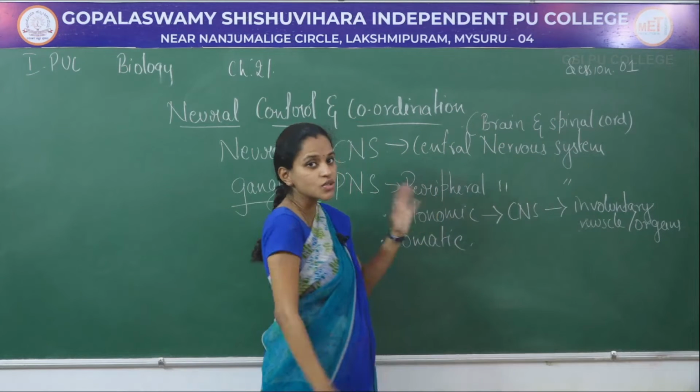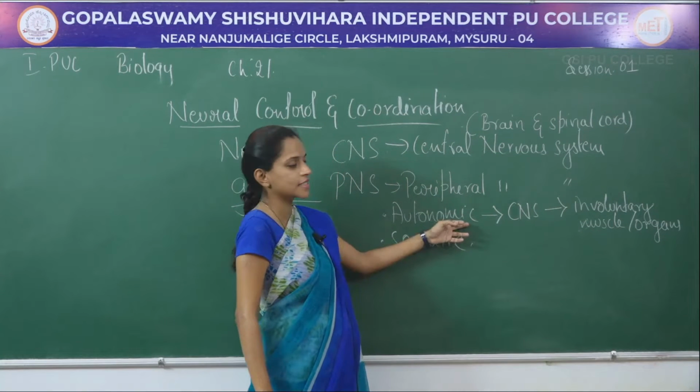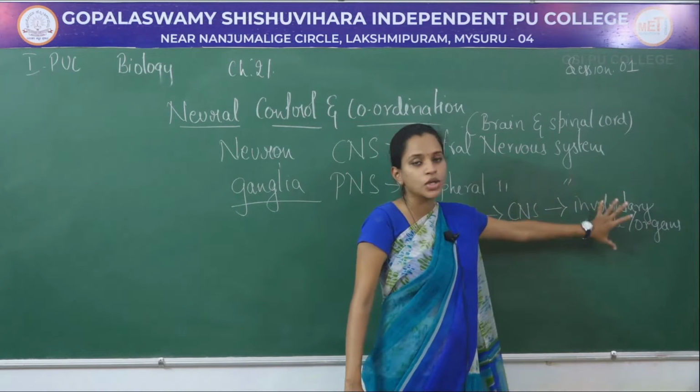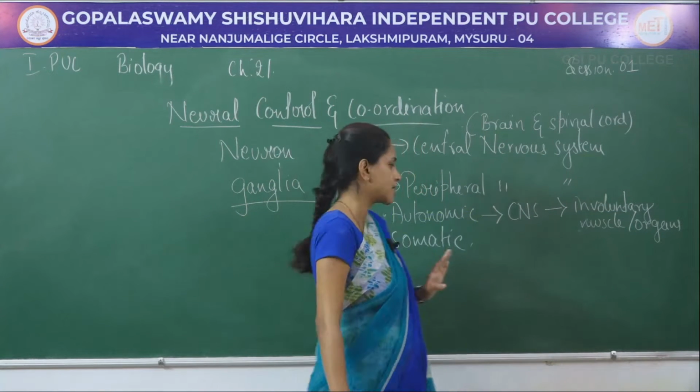So it includes the smooth muscles. The autonomic nervous system helps in transferring the signals from the central nervous system into the involuntary muscle region.